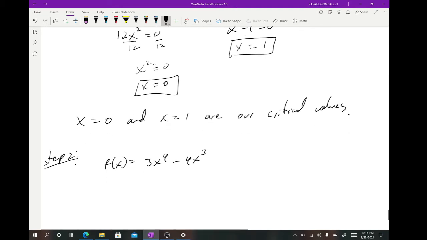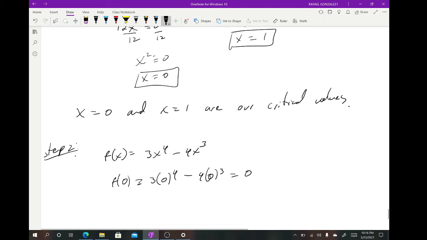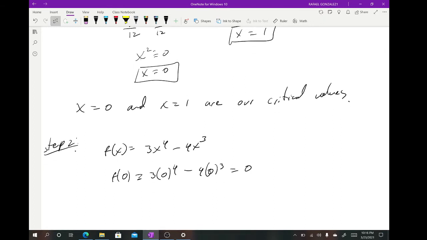If we plug in 0 here, we get 3 times 0^4 minus 4 times 0^3, which is simply 0. So when we plug in 0 for x, we get 0 for y. This is what I call a critical point.